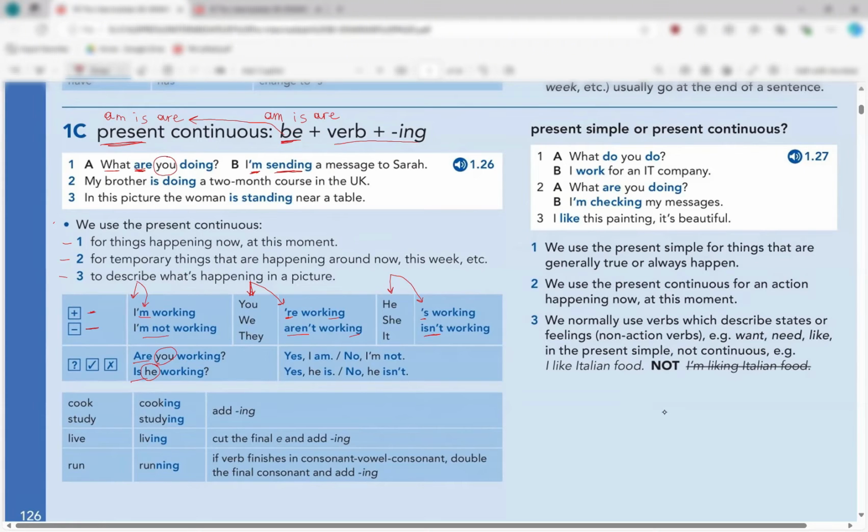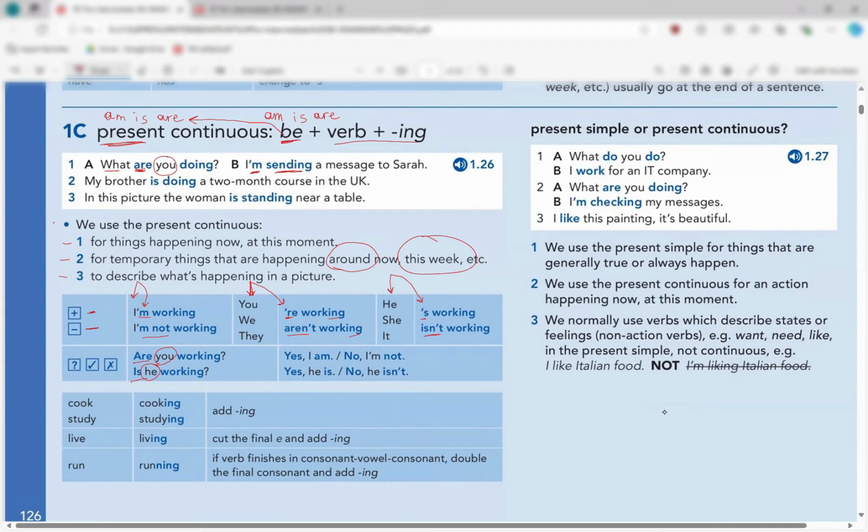And you are watching this video, for example, right? So at this moment. Or we can also use it when we talk about temporary things that are happening around now, not now, around now, like this week, this month. Temporary is going to finish, not permanent. Temporary means it's going to finish very soon.